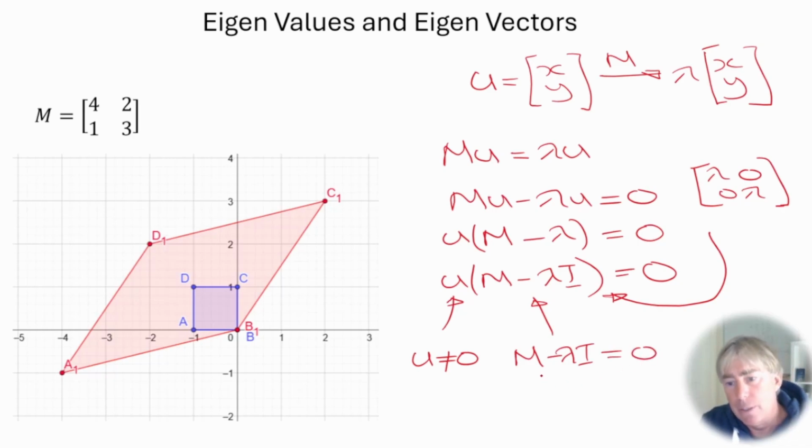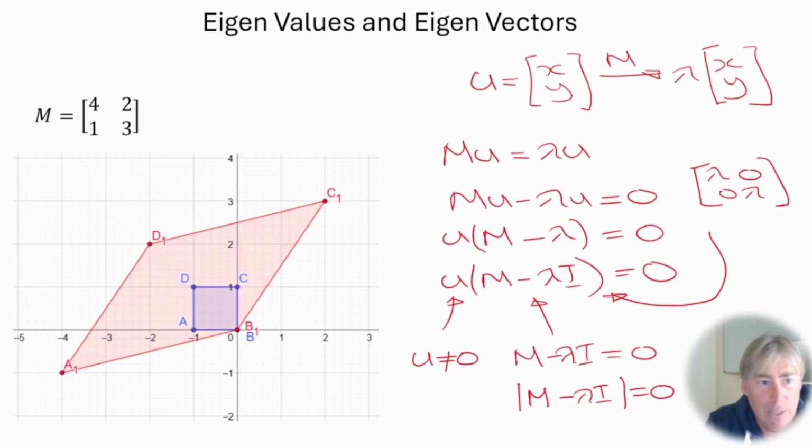That means that there is not a unique solution to that situation, which basically means it's a singular matrix, i.e. the determinant of that matrix is equal to 0. So this is our condition to establish our eigenvalues and eigenvectors. Okay, so this is our starting point.